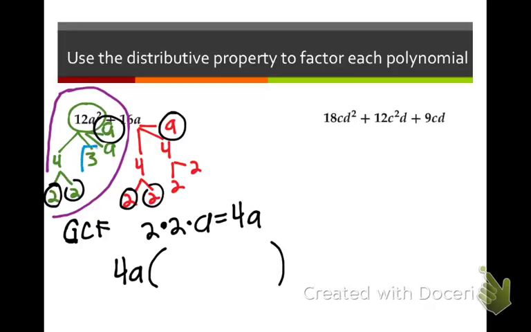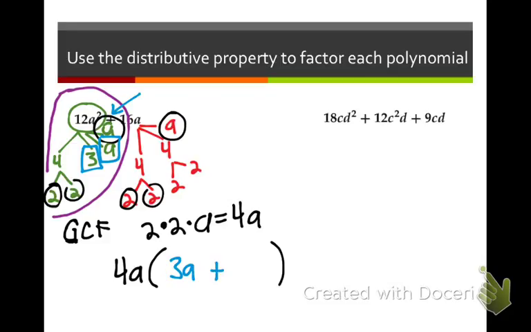For example, that 3 and that a, correct? So those prime factors, if I multiply them 3 times a, I get 3a. And that's what I'm going to put down there. And because it was an addition operation, I'm going to put plus here.